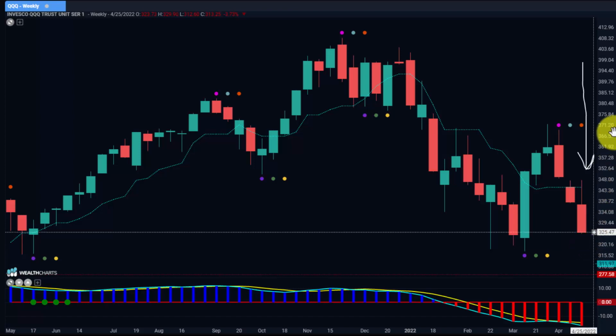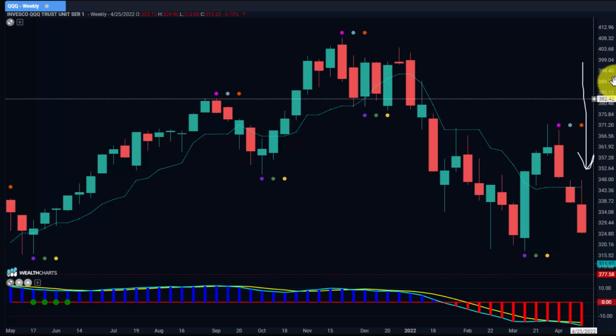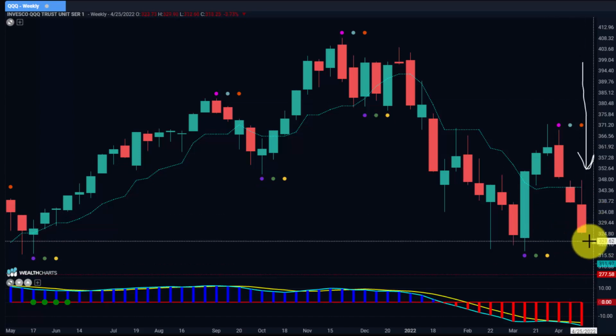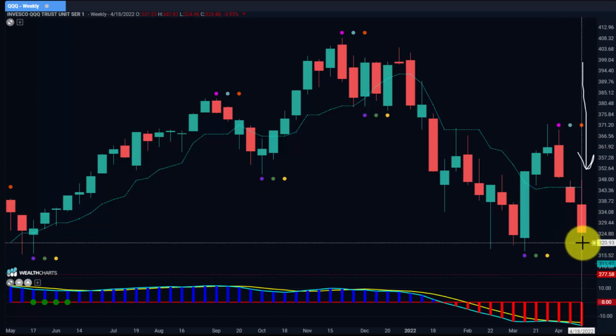Stock symbols in particular run in a lot of different ranges. This is a $300 stock, the QQQs. What about a $50 stock or a $10 stock or a $1,000 stock? The scaling is different, so we have to tune up where we put the entry. But once we do that, we just let it do its thing.